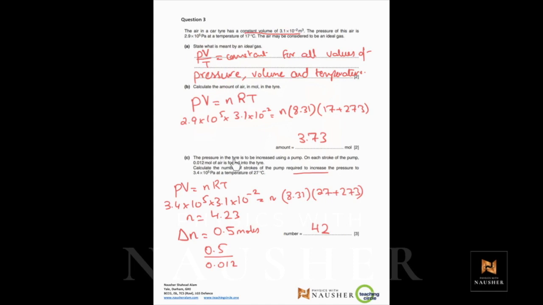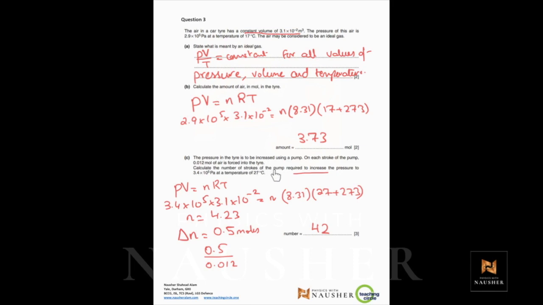Now, in this part, they're saying that the pressure in the tire has to be increased, and in each stroke you pump in 0.012 moles of air. Calculate the number of strokes of pump required to increase the pressure. So they're not asking you to go from 0, they're asking you to go from this pressure to a new pressure.